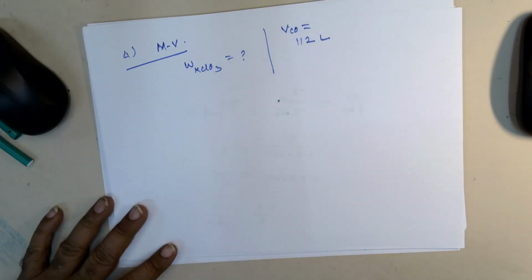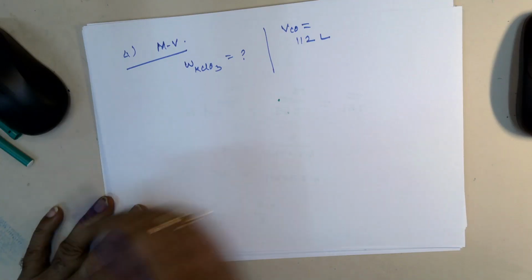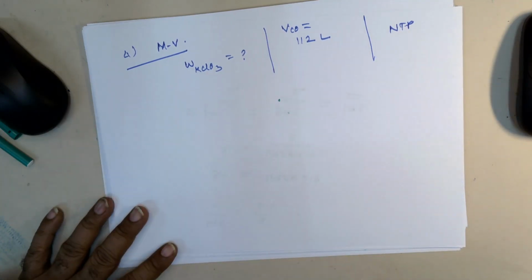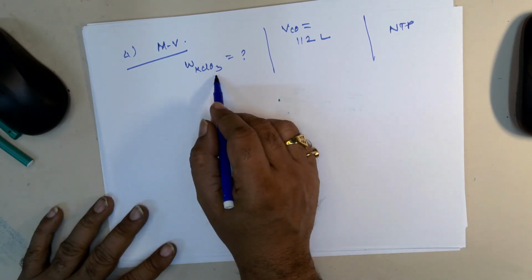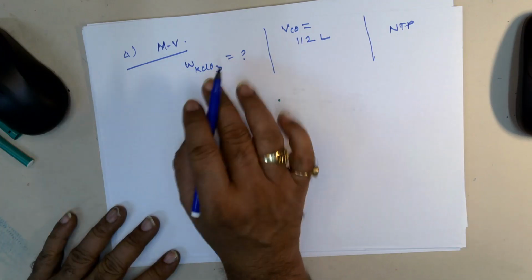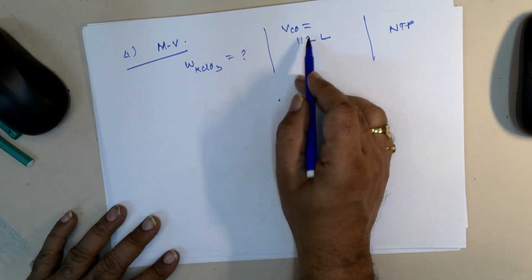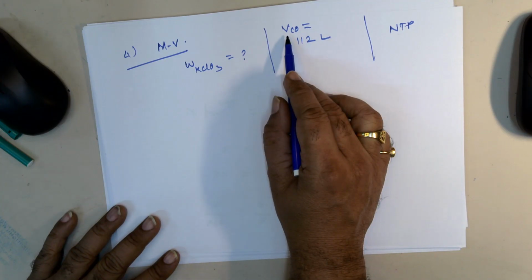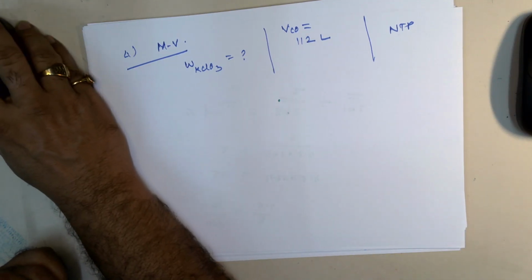This is the volume of carbon monoxide, 112 liters, and this takes place at normal temperature and pressure, NTP. So let me repeat. Calculate the weight of potassium chlorate needed to supply sufficient oxygen for burning 112 liter volume of carbon monoxide at normal temperature.